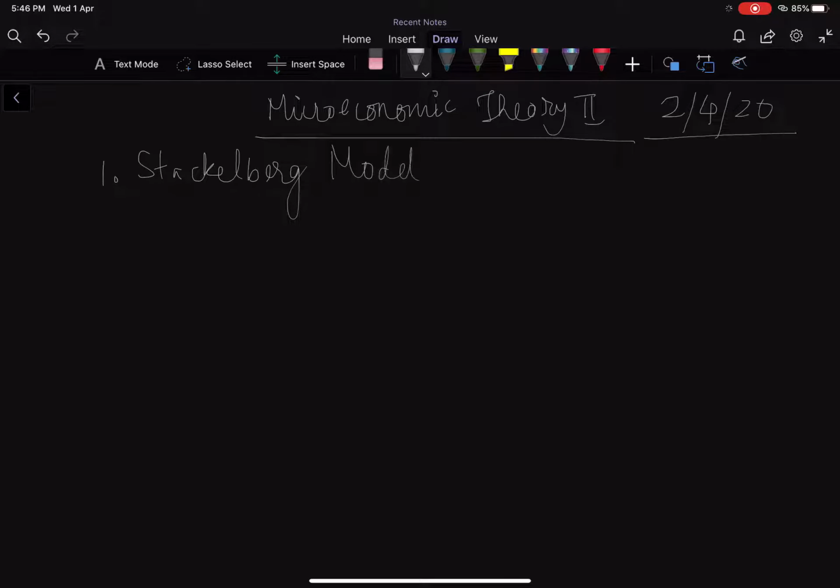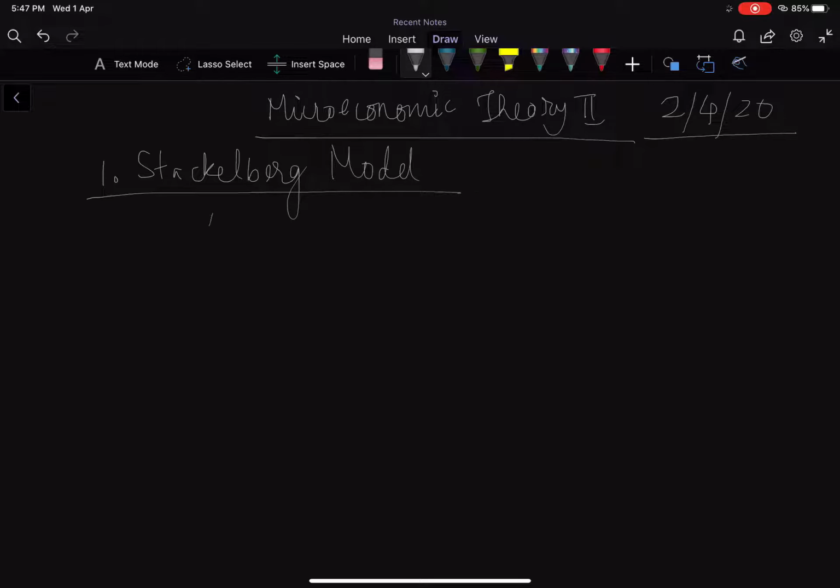Now, we have already done the Stackelberg model, but I just wanted to go over it again to refresh your memories. So in the Stackelberg model, we'll do the two-firm case. There is a leader and a follower, okay?